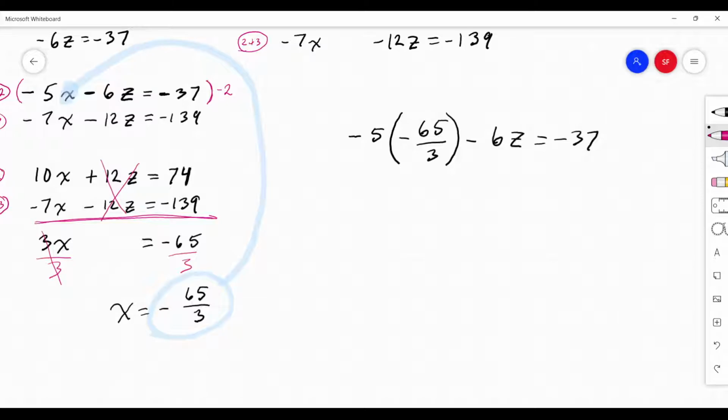So we end up with negative 5 times negative 65 thirds. Oops, hold on. 5 times 65 thirds equals positive 325 thirds.